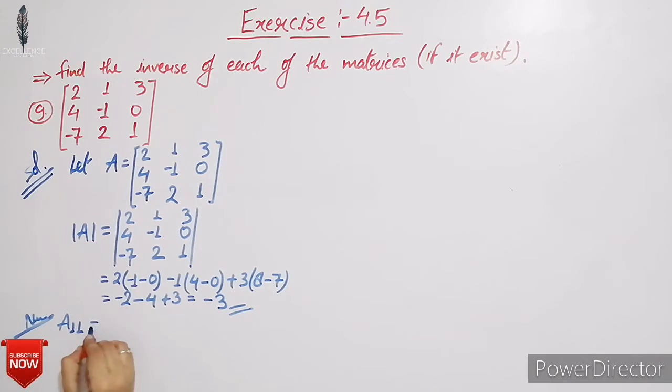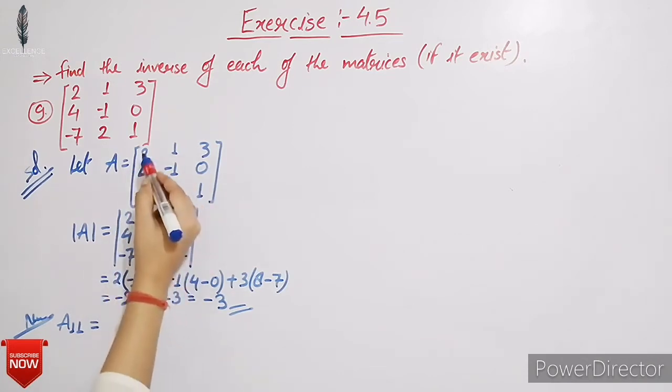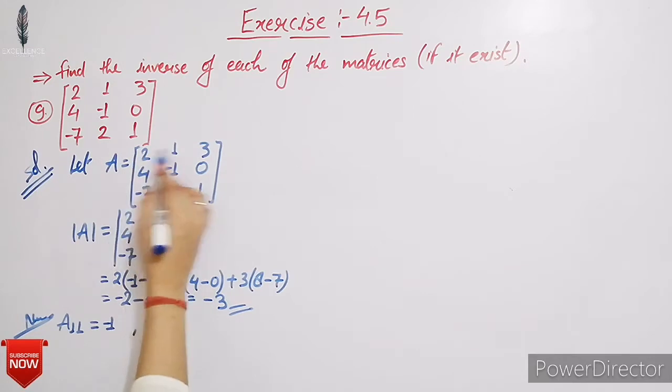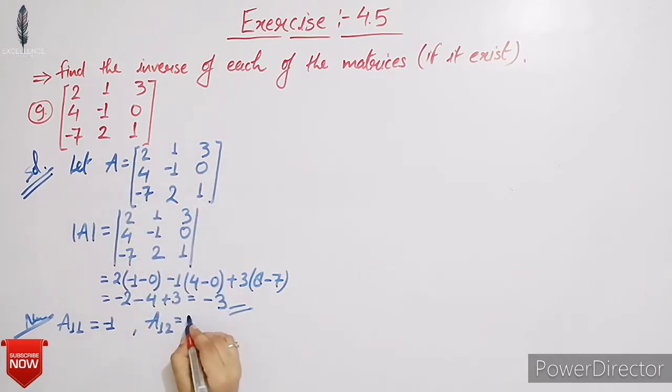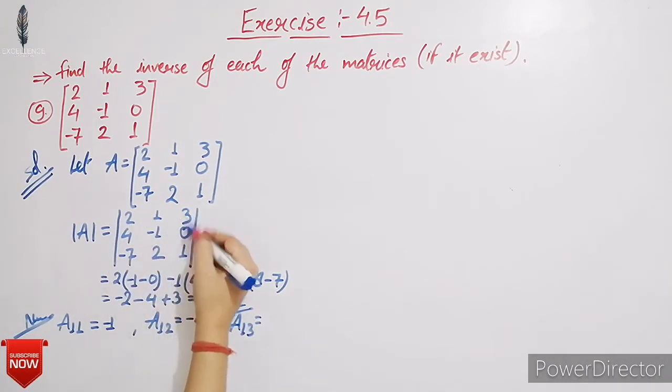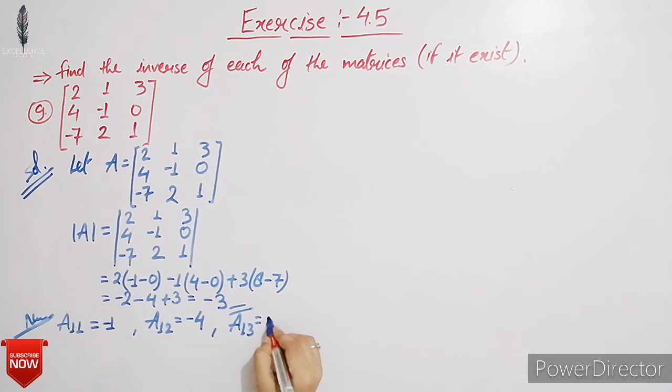Now we have to find its cofactors. Here A11 is equal to positive M11, that is −1. A12 is negative M12 on blocking first row second column, it is −4. A13 is positive M13 on blocking first row third column, here it is 8 − 7, that is equal to 1.